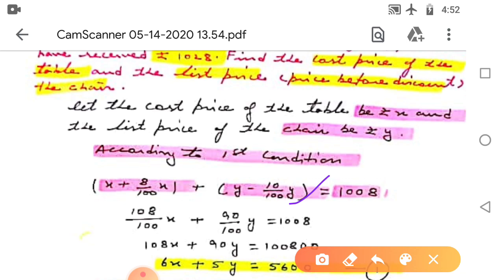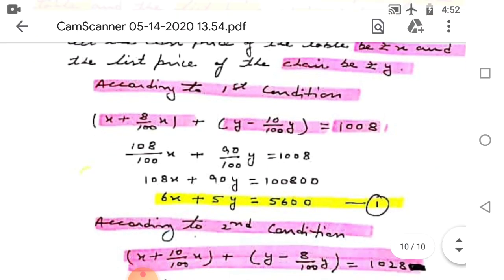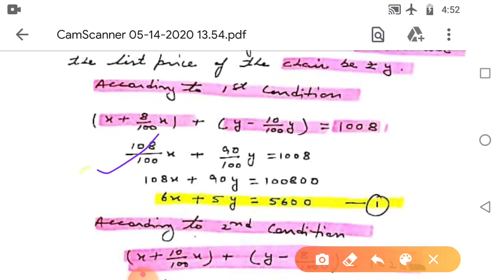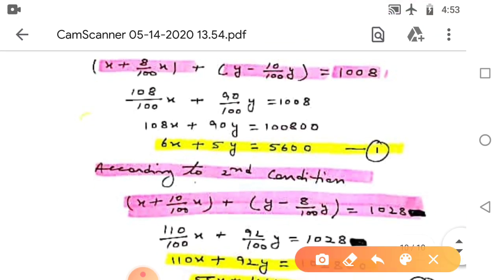When we solve, we get 108 upon 100 x plus 90 upon 100 y is equal to 1008, and 108x plus 90y is equal to 1,00,800. Solving further, we get the first equation as 6x plus 5y is equal to 5600.